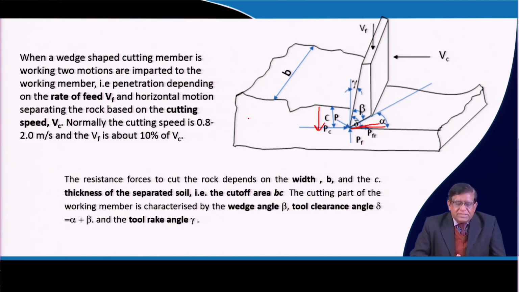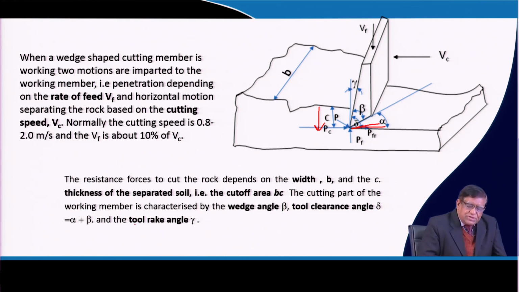Normally this cutting speed is 0.8 to 2 meter per second, and the feed is normally 10% of the cutting speed. Depending on the hardness and the strength of the rock, you will have to adjust these things. We will come to that.